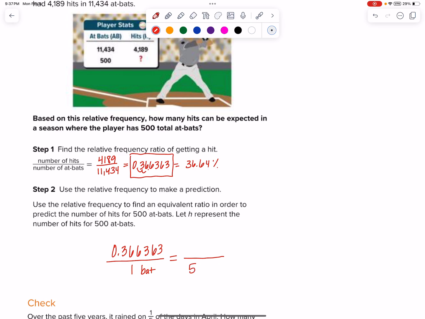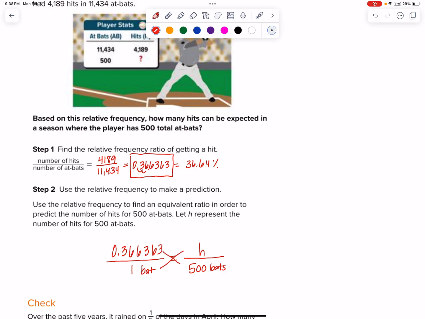So we want to know 500 bats, and we want to know what the amount of hits would be. But they said let H represent the number of hits, so let's change that X to an H, and then remember we can multiply top and bottom by 500 over 500, or you can cross multiply. Both ways will work.